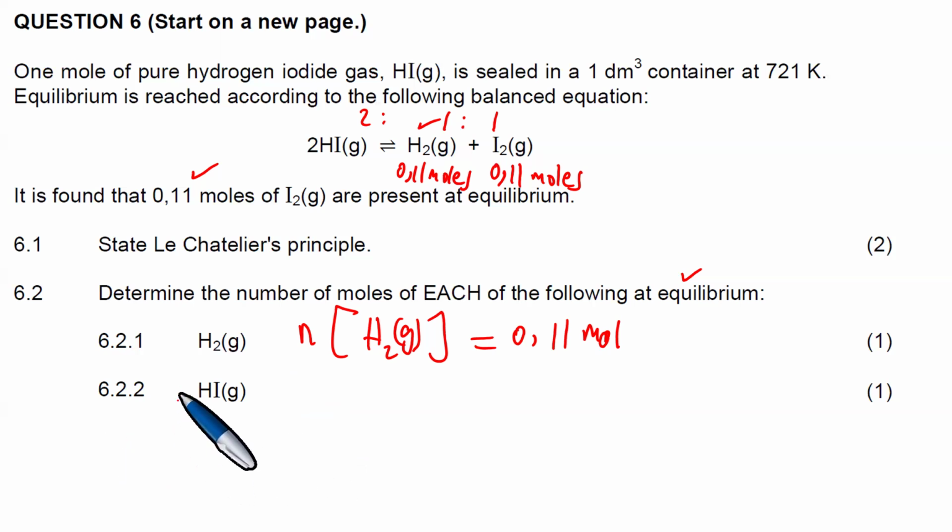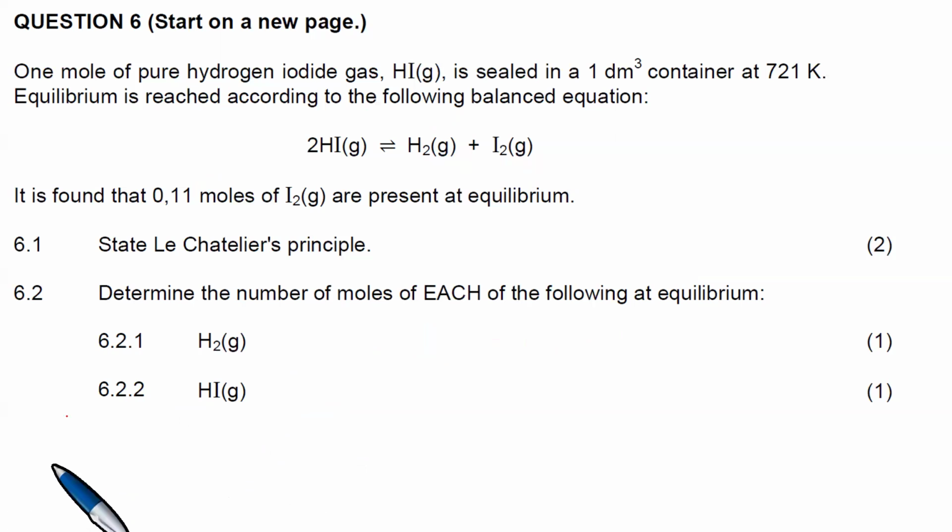Right, let us look at 6.2.2. When we get to that part of the question, we are asked to determine the number of moles of each of the following at equilibrium, hydrogen iodide.